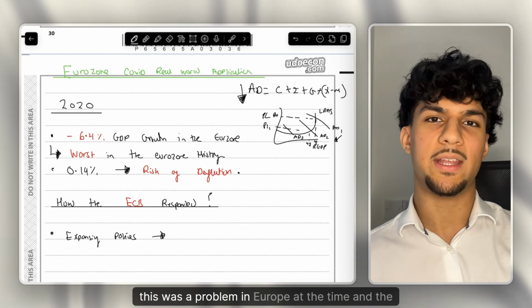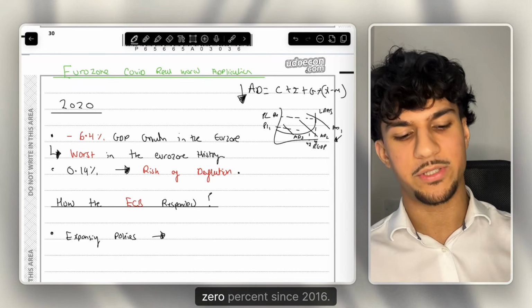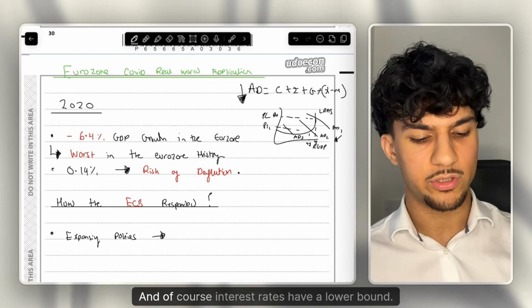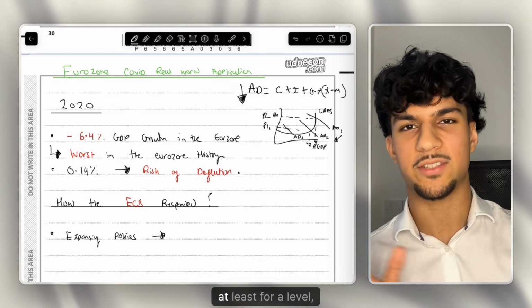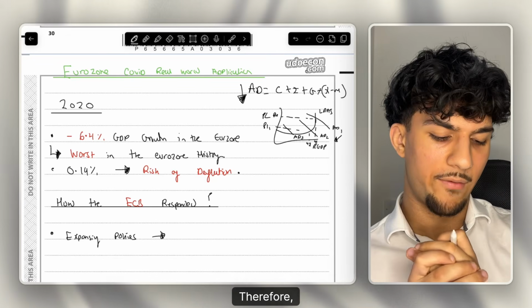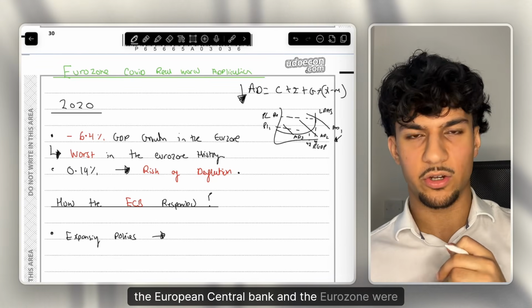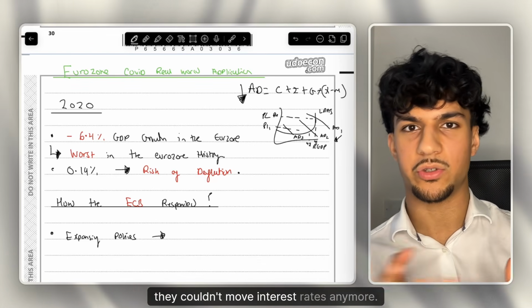However, this was the problem in the Eurozone at the time. The interest rates were already at 0% since 2016, and interest rates have a lower bound. At least for A level, you can't reduce interest rates lower than 0%. Therefore, the European Central Bank and the Eurozone were essentially quite stuck, as they couldn't move interest rates anymore.